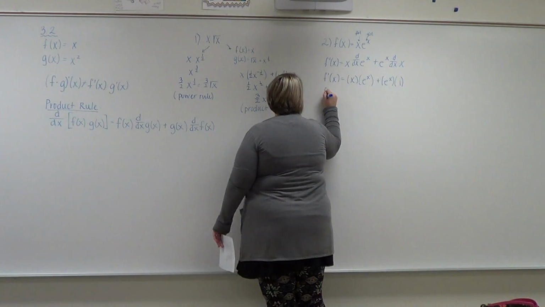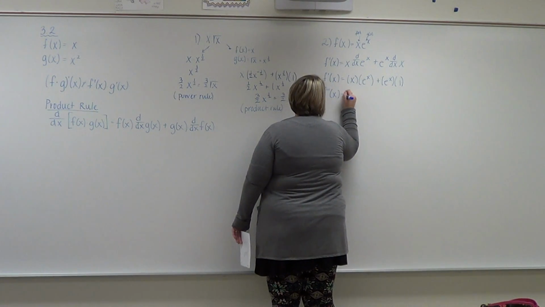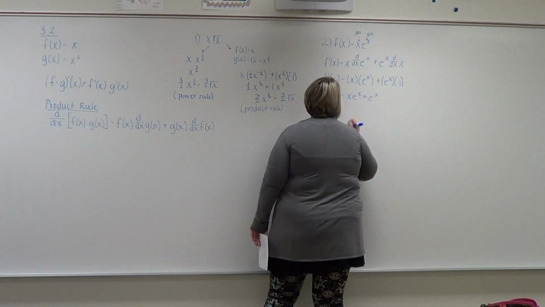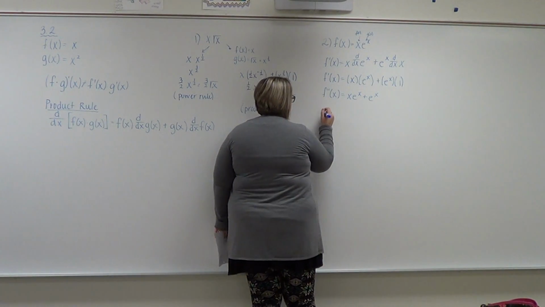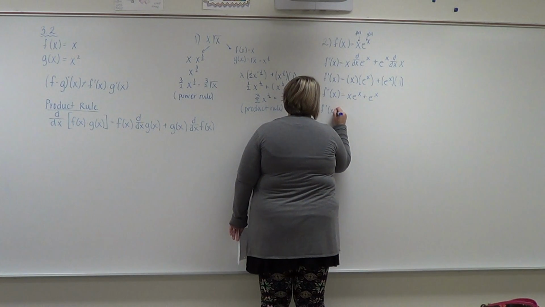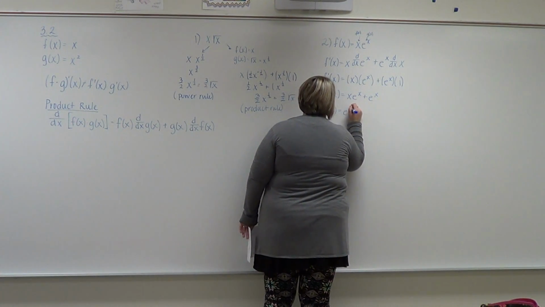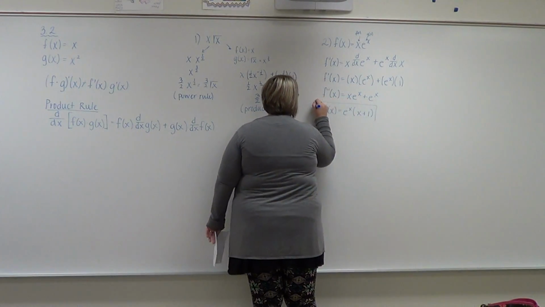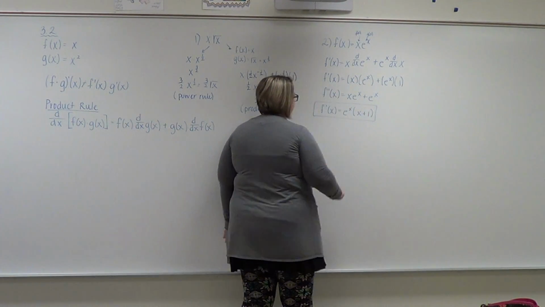So this would be x e to the x plus e to the x, which you could leave your answer like that. Technically more simplified would be to factor out an e to the x, but I wouldn't count it wrong if you left it that way.